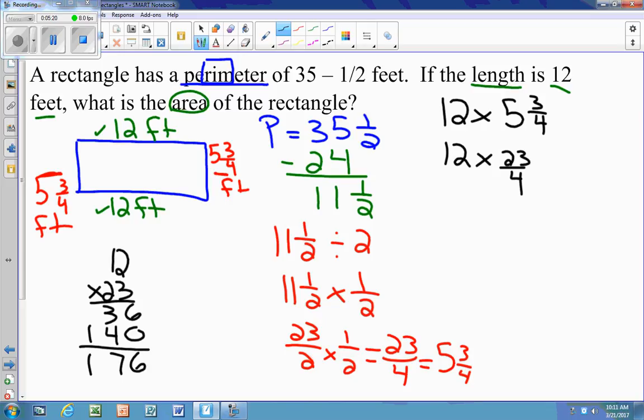And I end up with 176 fourths. And when I have 176 fourths, I divide 176 by 4, and I end up with 44. So my area would be 44 square feet.